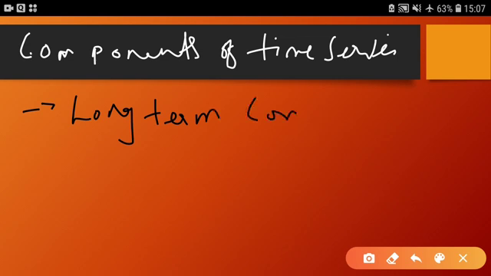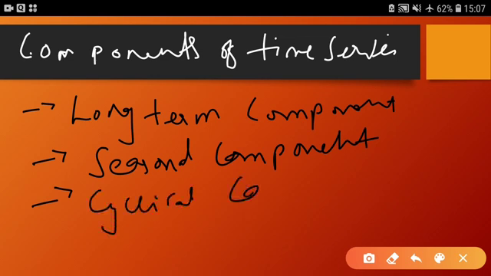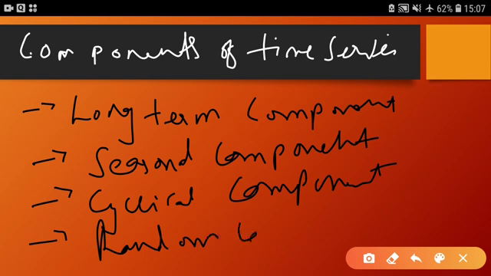One was long term component, one was seasonal component, one was a cyclical component, and one was a random component. So we have done 4 types of components.